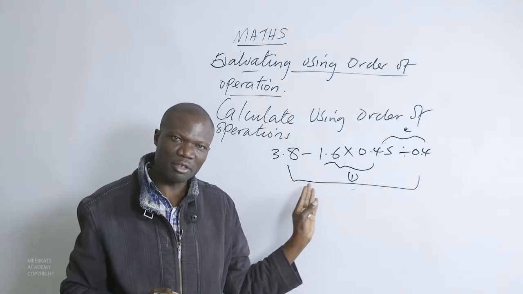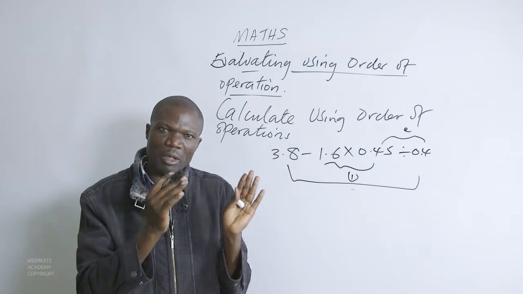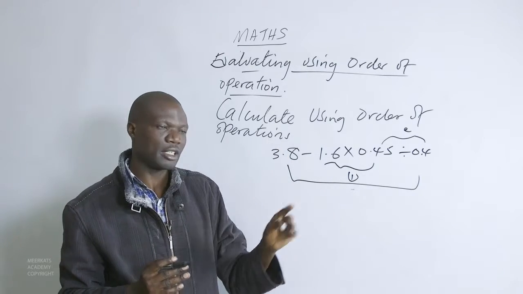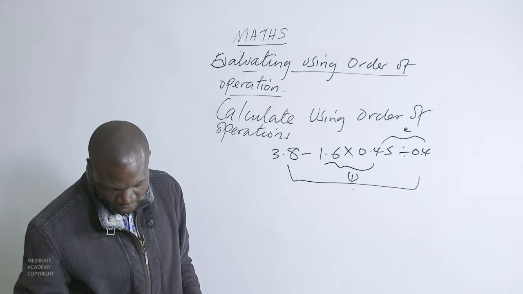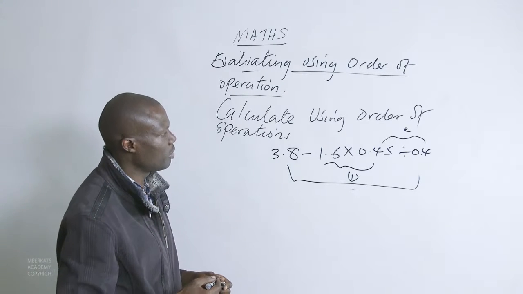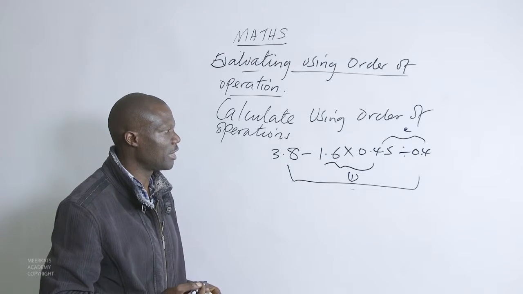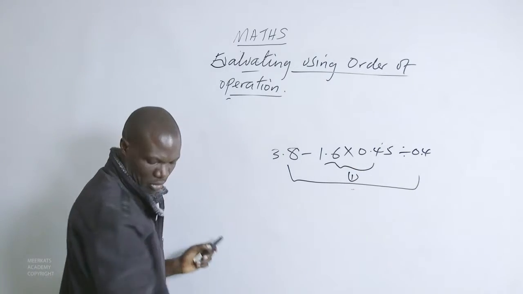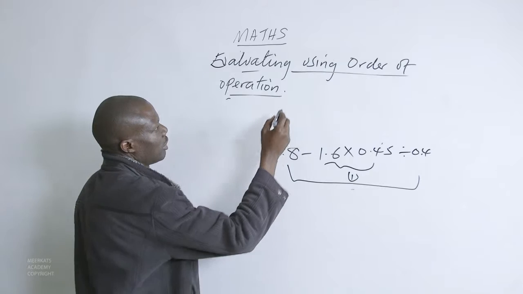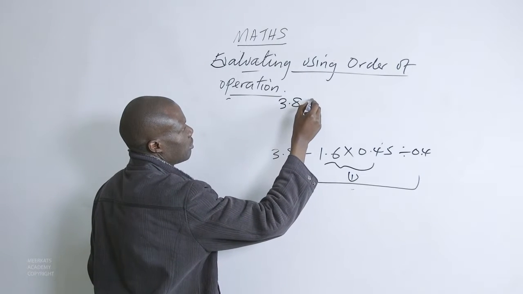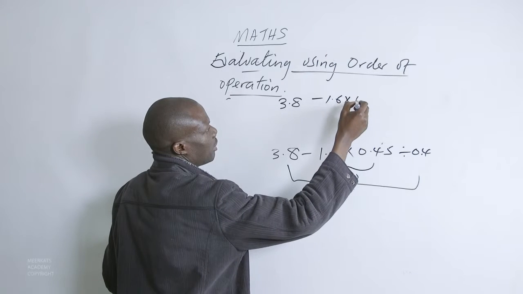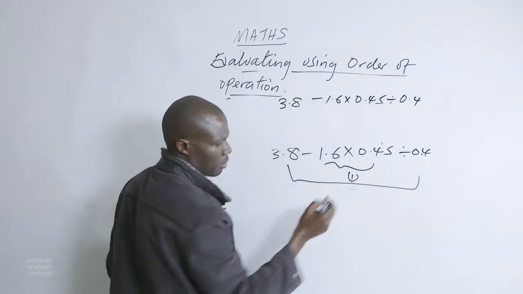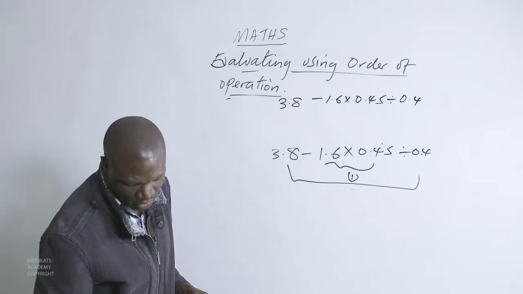So remember, it is from the left to the right. The order is bracket, order of multiplication, division, addition and subtraction. So just to rewrite what we have, it is 3.8 minus 1.6 multiplied by 0.45 divided by 0.4. That is what we have.